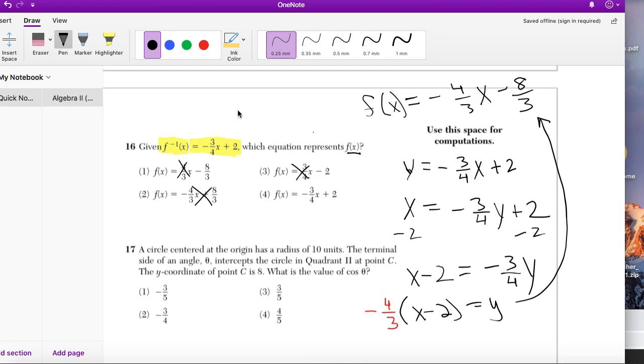I clearly did something wrong. Plus 8 over 3, because we are multiplying two negative numbers. When we distribute this negative over a negative, it becomes positive 8 over 3. So this is out, and it's choice 2: negative 4/3 x plus 8 over 3. Thank goodness I caught my mistake.